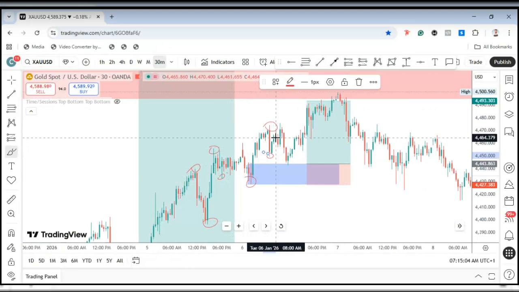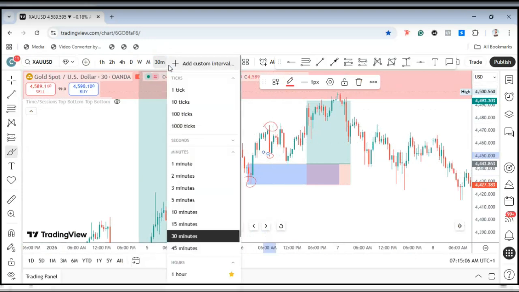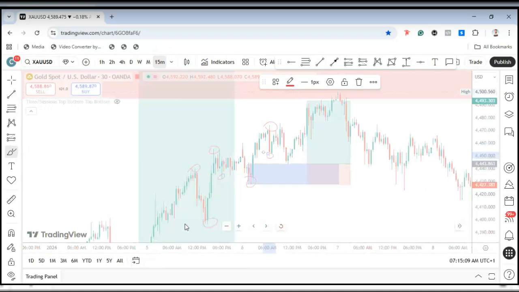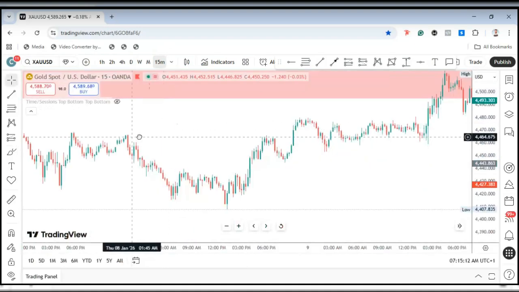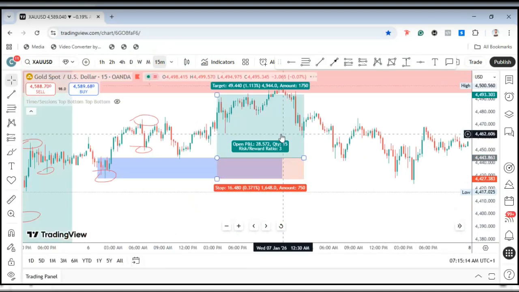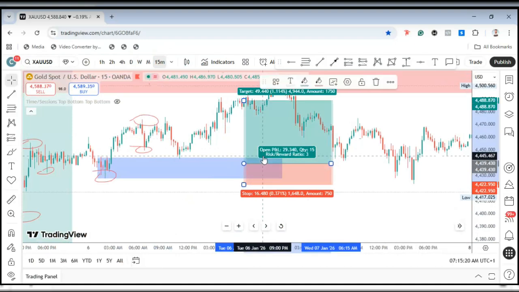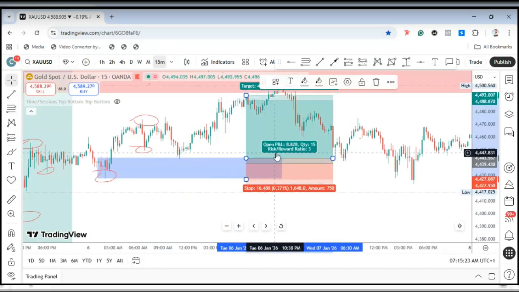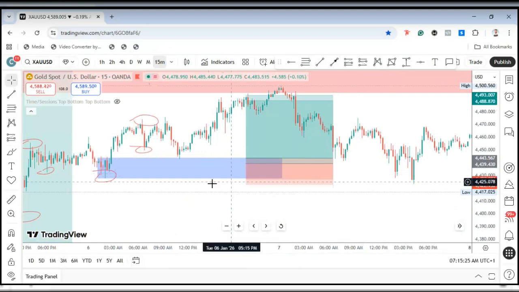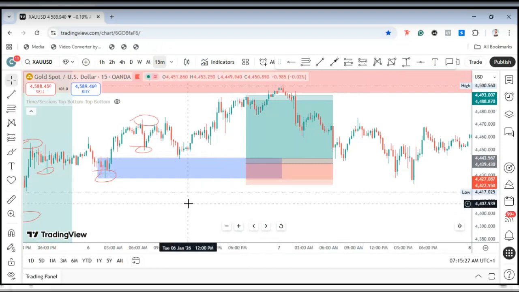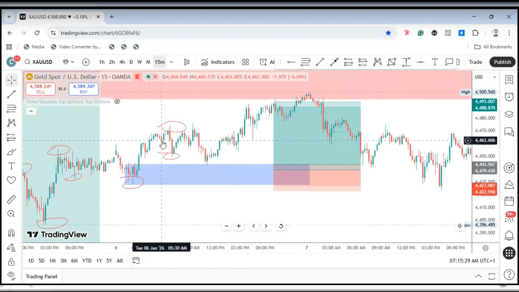But what happened? If you go lower, let's say 15 minutes, let me show you. People will be looking to buy from this point because this is also like a demand zone.